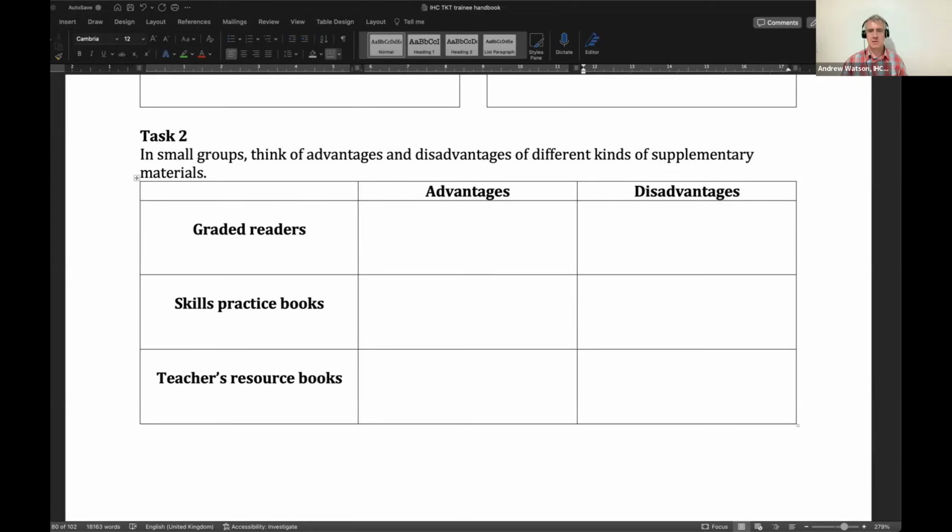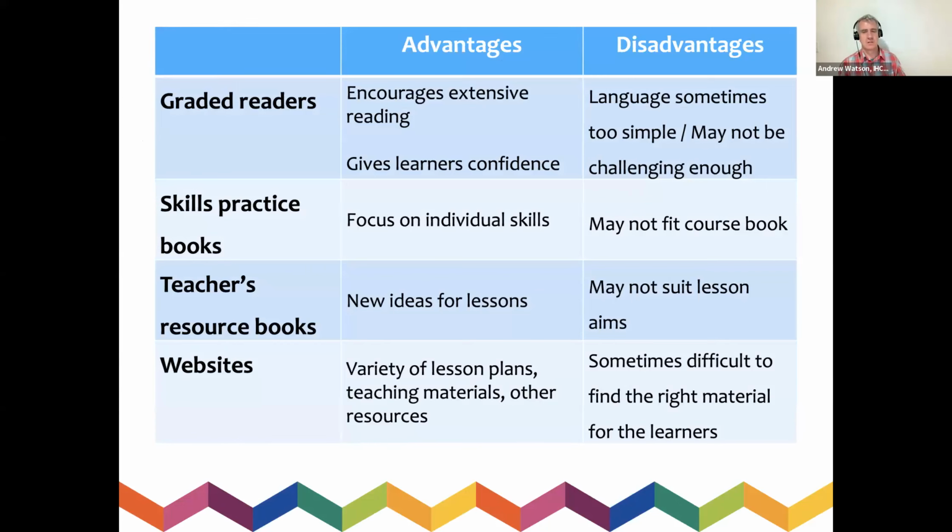Yeah. Okay, so here are some suggested answers. Some of your ideas are included, but not all of them. Yeah, so Christian mentioned rightly that sometimes you have to pay to access the materials on websites these days.